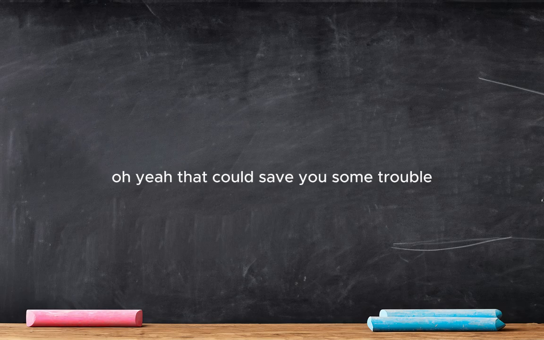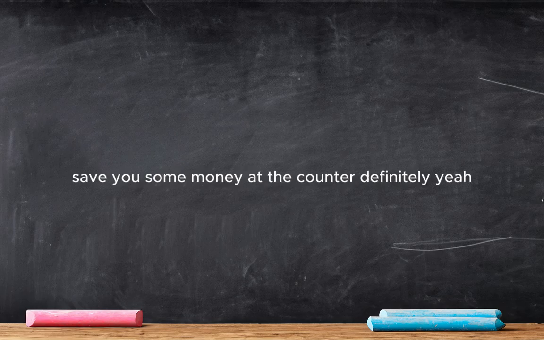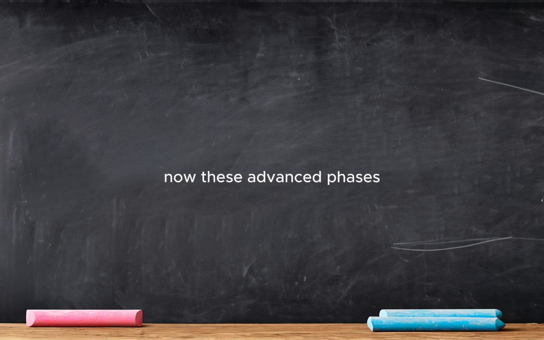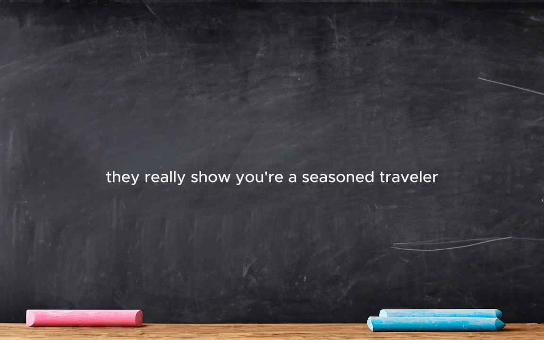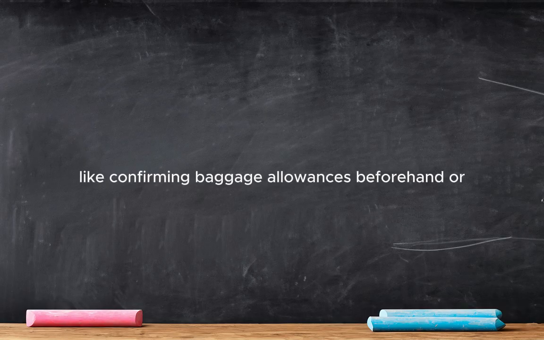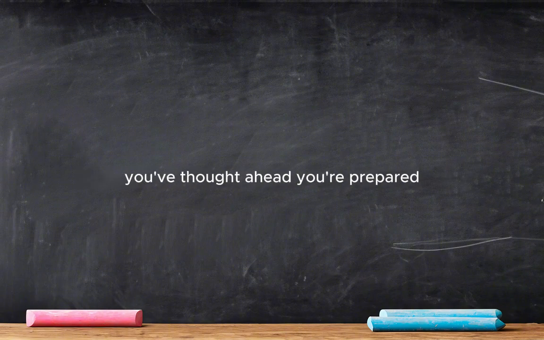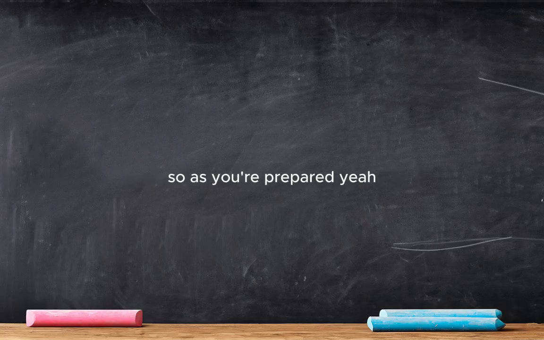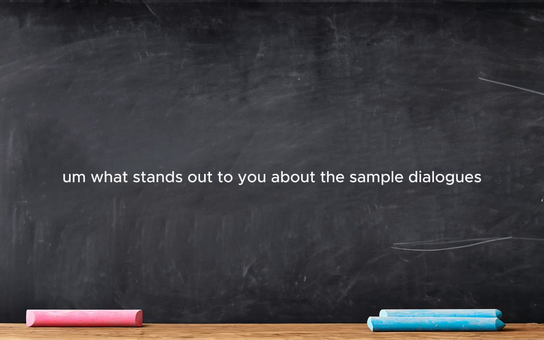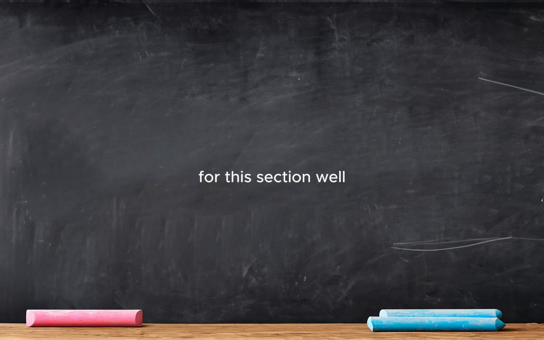That could save you some trouble, save you some money at the counter. Now, these advanced phrases, they really show you're a seasoned traveler, like confirming baggage allowances beforehand or navigating that priority boarding process. You've thought ahead. You're prepared. What stands out to you about the sample dialogues for this section?